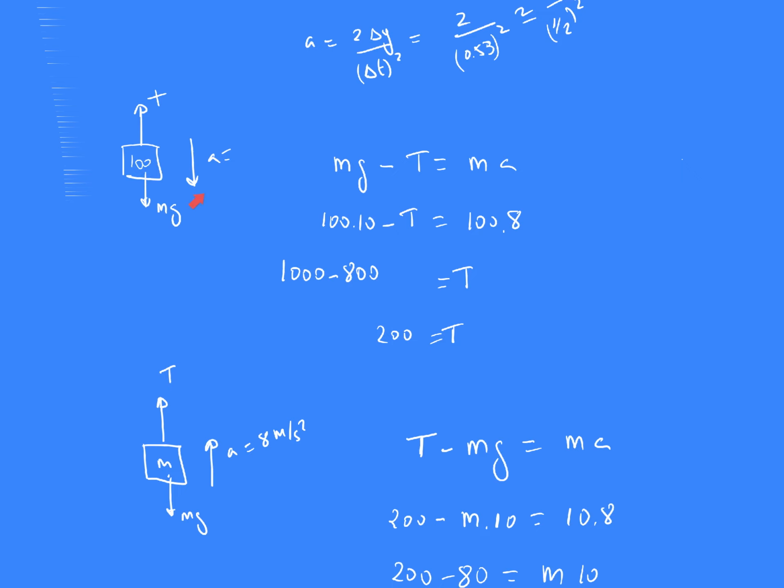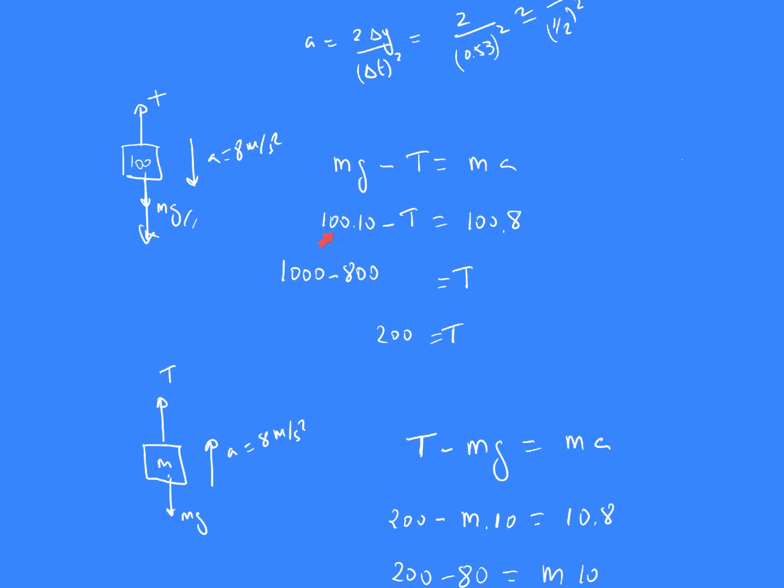So I would say the acceleration is going downwards. The value of the acceleration is like 8 meters per second squared. So there is more force going downwards than going upwards. So mg is bigger than T. The positive direction I will choose is always the direction of the acceleration. So mg is going to be positive and T is going to be negative. So mg minus T equals ma.